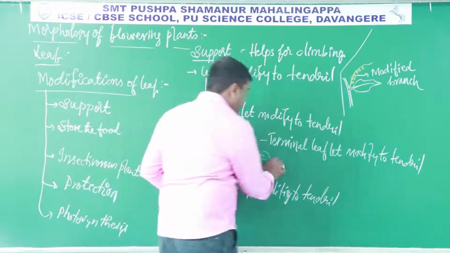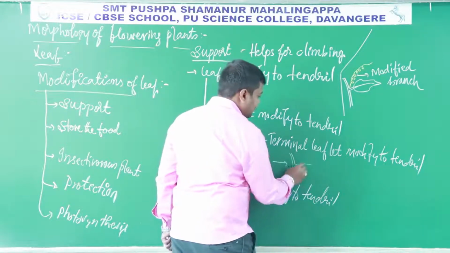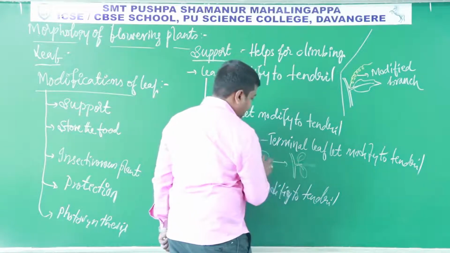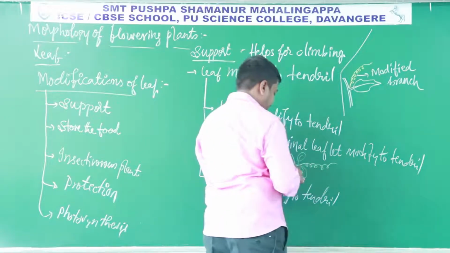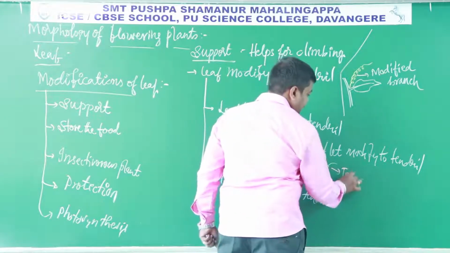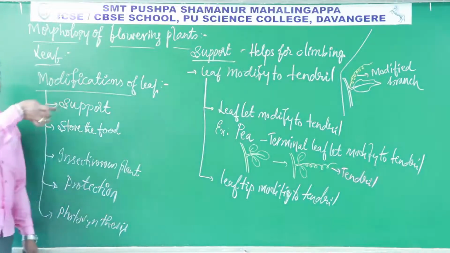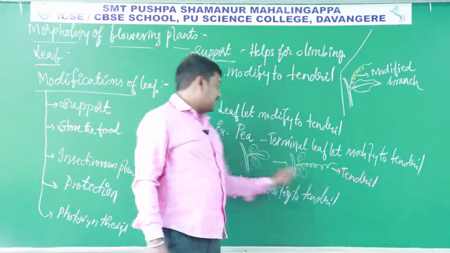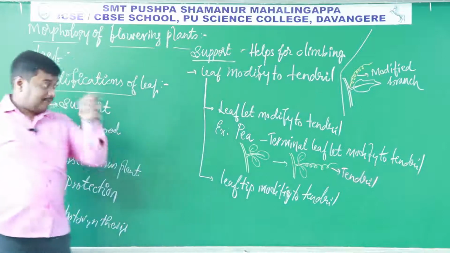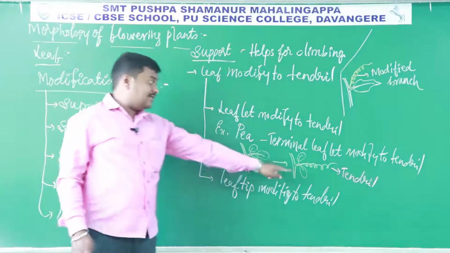Among these, one leaflet gets modified into tendril. Look, this leaflet gets modified to tendril. Hope you got it. Among the 3 leaflets, one terminal leaflet is modified to tendril, as in the case of pea. Okay, so remember this, leaflet modification in pea is tendril.